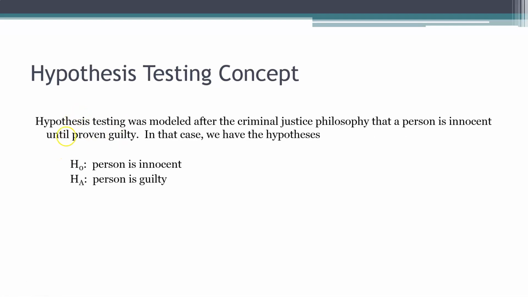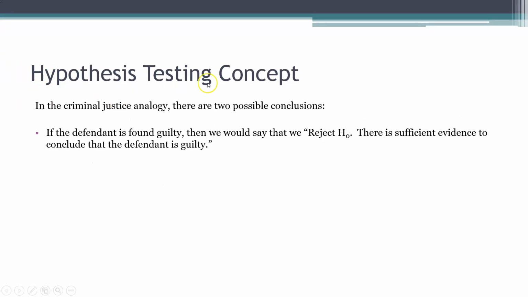So in this analogy, and this is getting into some of the very important language, there are two possible conclusions. If the jury finds that the defendant is guilty, the language that we would use is reject H naught. There is sufficient evidence to conclude that the defendant is guilty. There's always two parts to these conclusions.